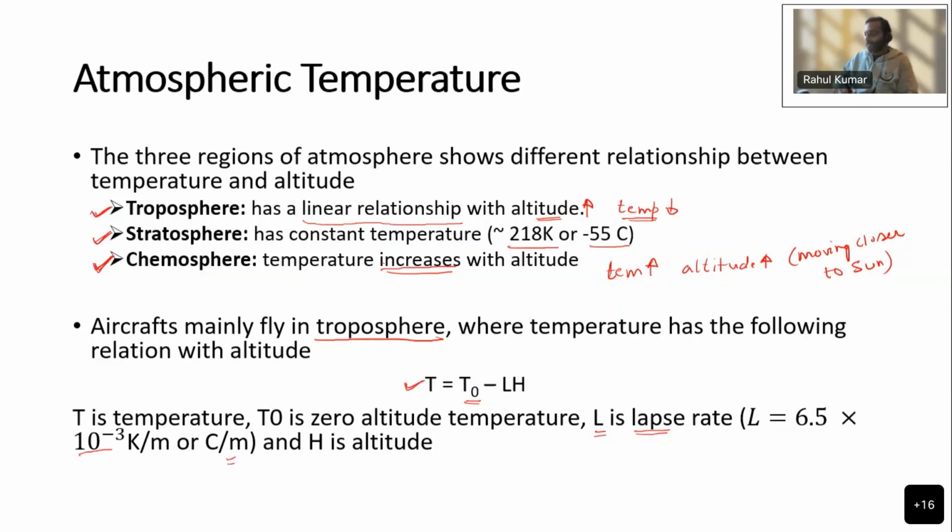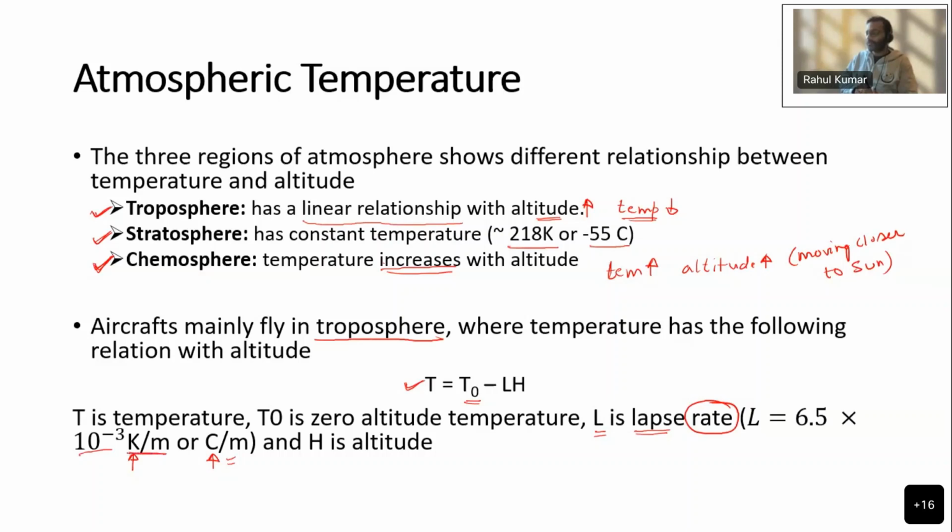Now this is a rate of change of temperature. So either you measure the rate in Kelvin or in degree centigrade, the rate of change will be the same. And that is why we can use either of the units.